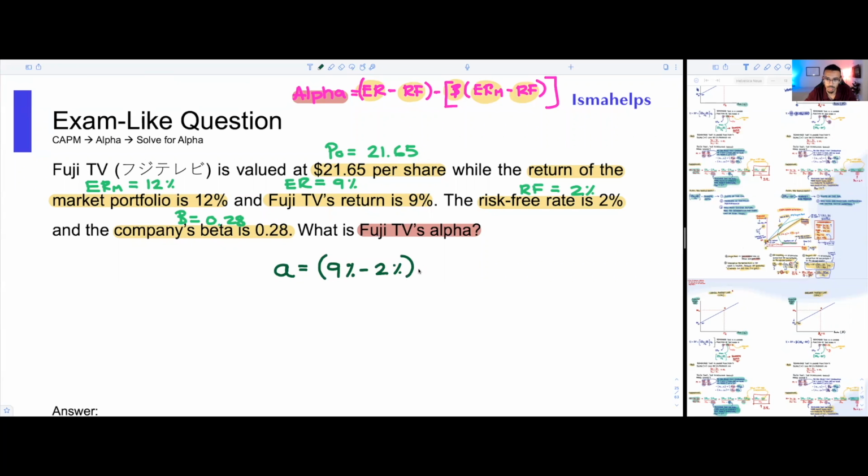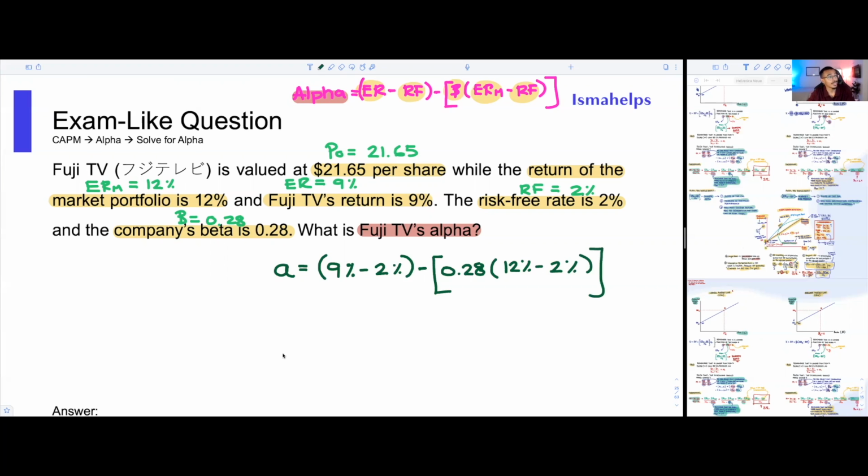Then whatever output you have there, you're going to subtract the following. You're going to have this in brackets: 0.28 times the market risk premium, and that's going to be 12% minus 2%. Just like that.